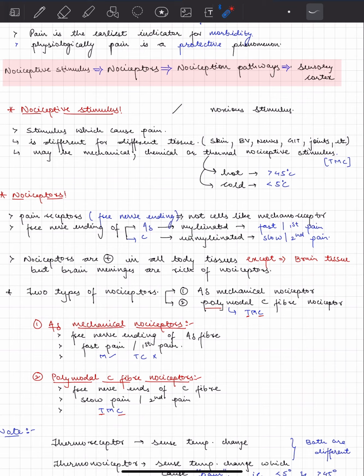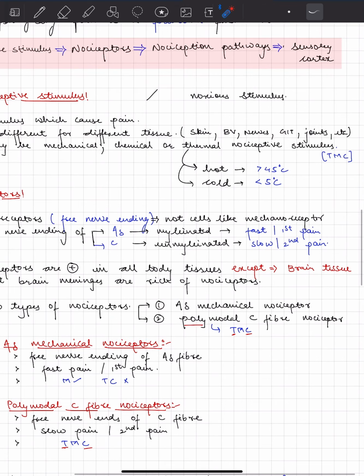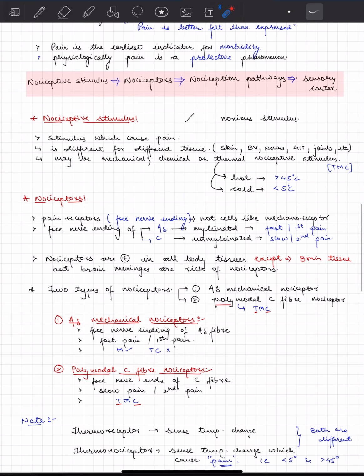Nociceptive stimuli are of three types: mechanical, chemical, or thermal. A thermal nociceptive stimulus may be hot or cold. Further, you have to understand that temperatures less than 5 degrees cause pain, and temperatures greater than 45 degrees cause pain.